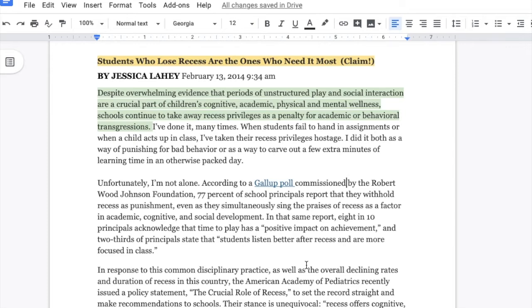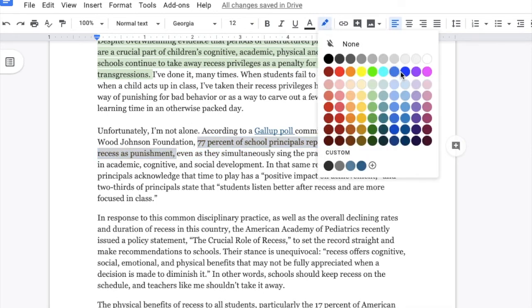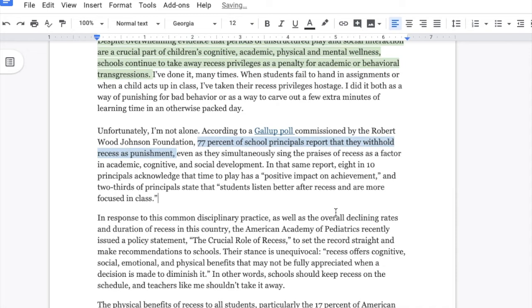She goes on to talk about having done it herself as an educator, but then she tells us a little bit about some statistical information about how many principals do indeed reserve this type of punishment, the removing of recess for students who have misbehaved.